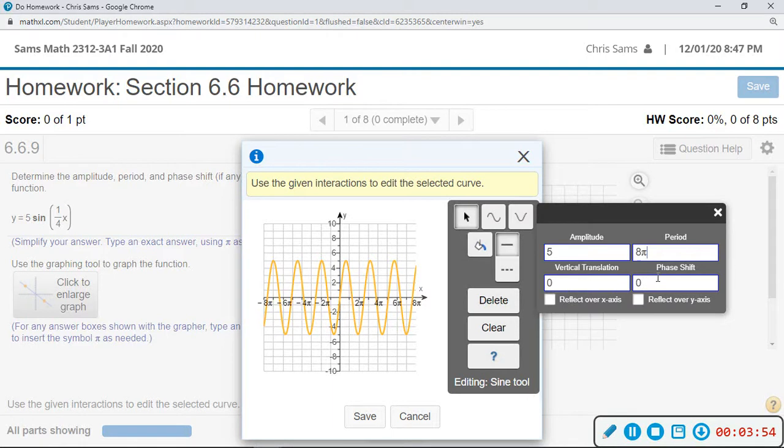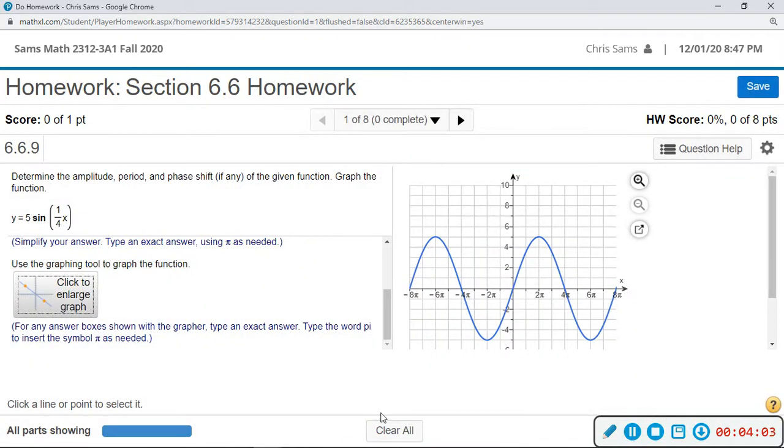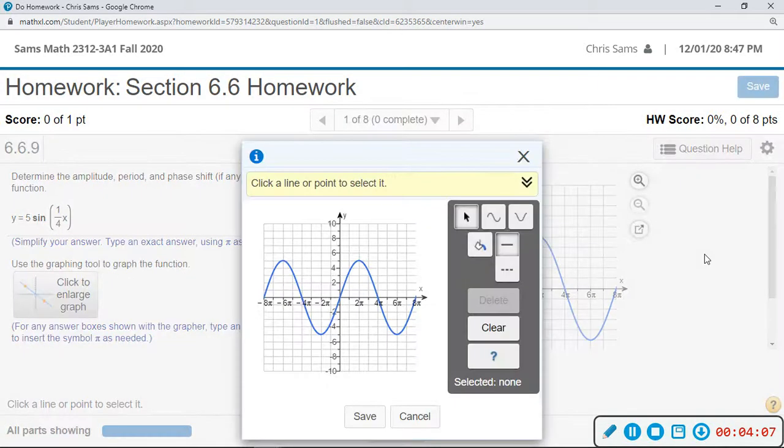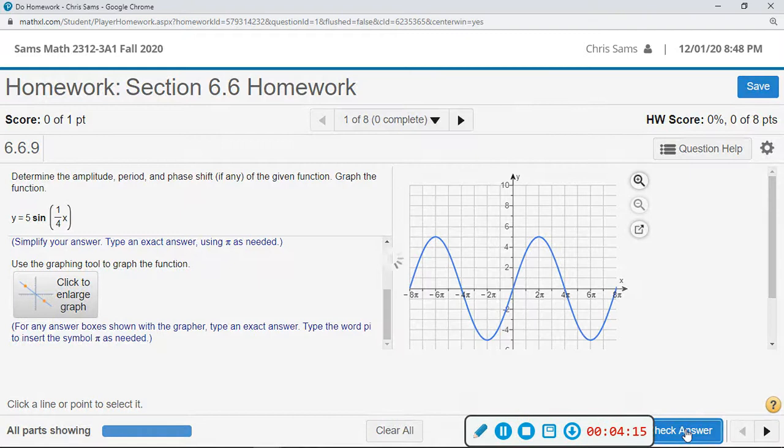No vertical transformation, no shift, no reflection. That's all we need. Okay. So we're going to save that. Click here and submit. I'll move this out of the way.